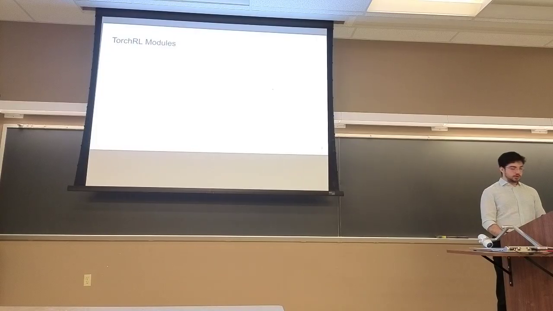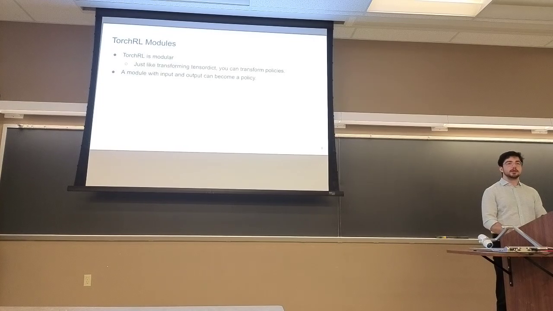So moving on to modules. As I said, TorchRL is really modular. Everything can be added like Legos or puzzles. Just like transforming a TensorDict, you can transform policies as well. The way that we transform the policies is really simple. If I have a network, I'm going to specify what the input is through this TensorDict and what the output is. And this is automatically going to be connected, and any network can be a model or a policy.